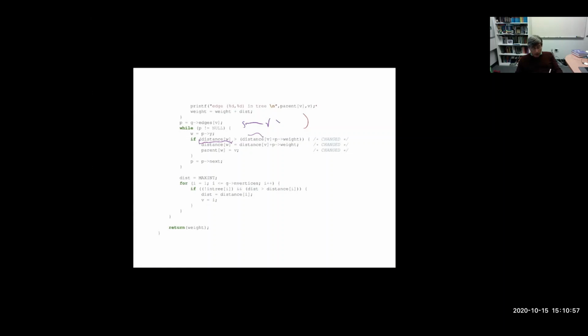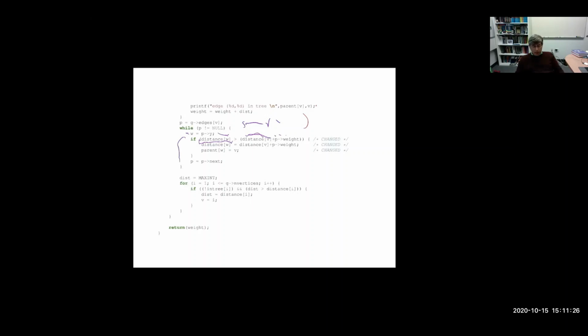if W is the destination here, if I have an edge VW, what I want to know is, if the best way to get to W before is bigger than the cost of getting to V plus the edge from V to W, then I found a better way to get there, and I have to update.